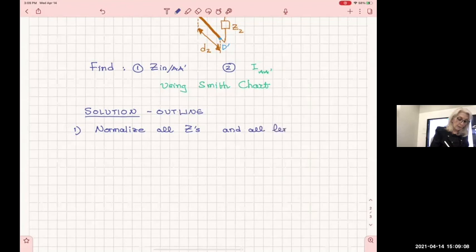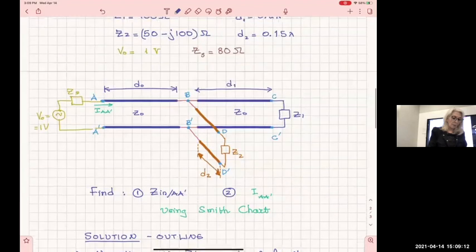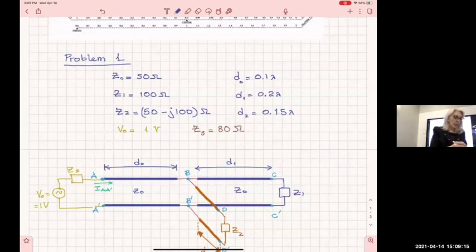However, the way I have given you the lengths here, they are not physical lengths. The lengths that I gave you are in the form of a wavelength, so they are already normalized with respect to the wavelength. The Smith chart does not take physical lengths. It takes electric lengths. What is an electric length? It's a length normalized with respect to the wavelength. All right, so it takes only that.